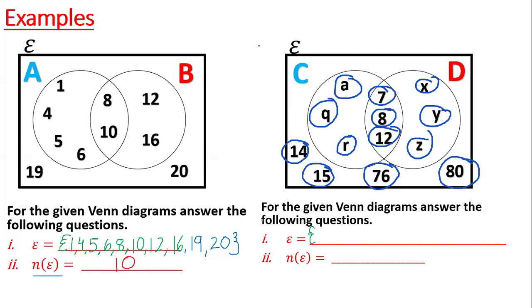It's going to be A, Q, R, 7, 8, 12, X, Y, Z, 14, 15, 76, and 80.